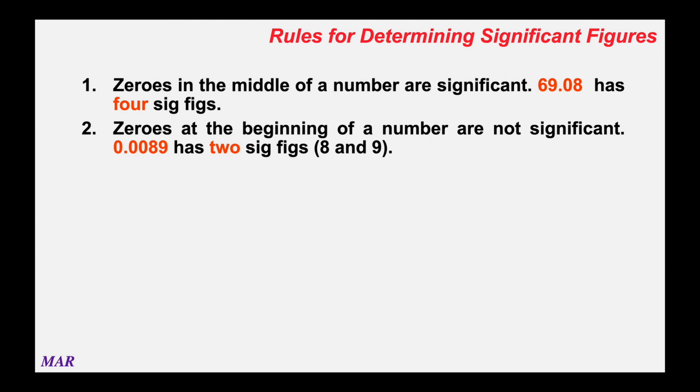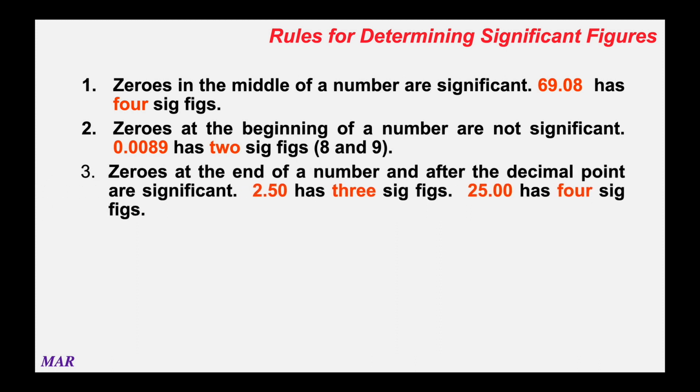So that number has only 2 significant figures. If you know about scientific notation, you could write 0.0089 as 8.9 times 10 to the minus 3. Notice that all of those zeros go away in scientific notation. That's another way to tell there's only 2 sig figs in that number, and the 9 is the doubtful digit.